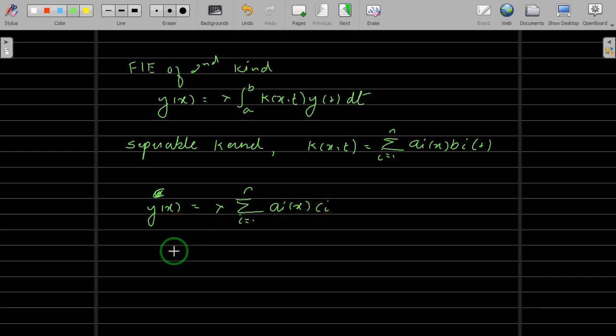Now in this case we denoted that c_i to be integral a to b b_i(t) y of t dt. That is your c_i. Now from that we substituted and we did all those things, and then we got a system of equations. That system of equations, let me write again.